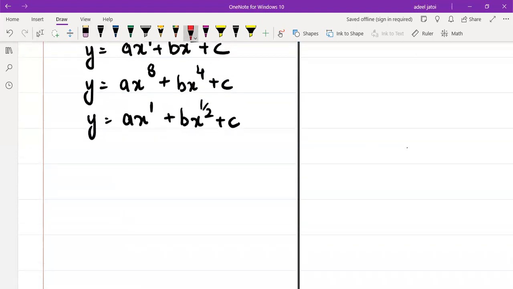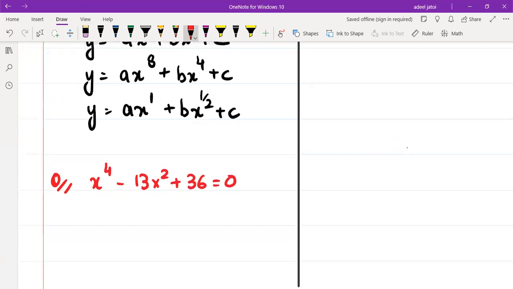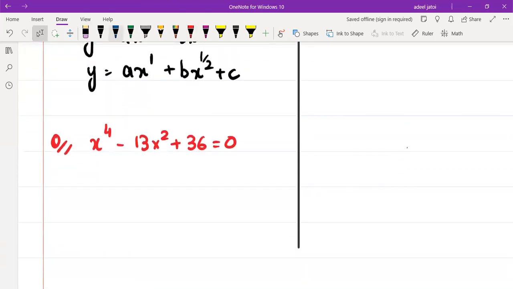Now, knowing that, let's say we have a question: x to the power 4 minus 13x squared plus 36 is equal to 0. I know that this is x squared and this is x to the power 4. If we break x to the power 4, we can write it as x squared multiplied by x squared, and x squared is already here.